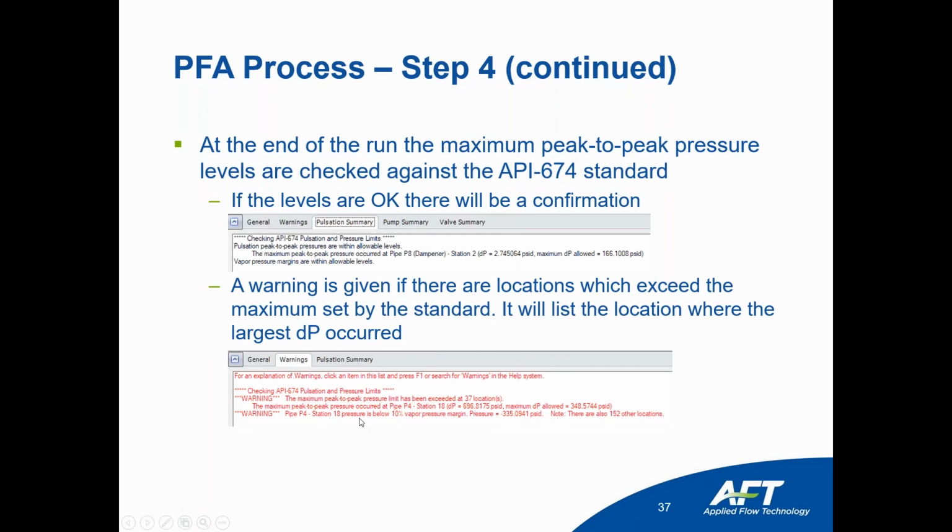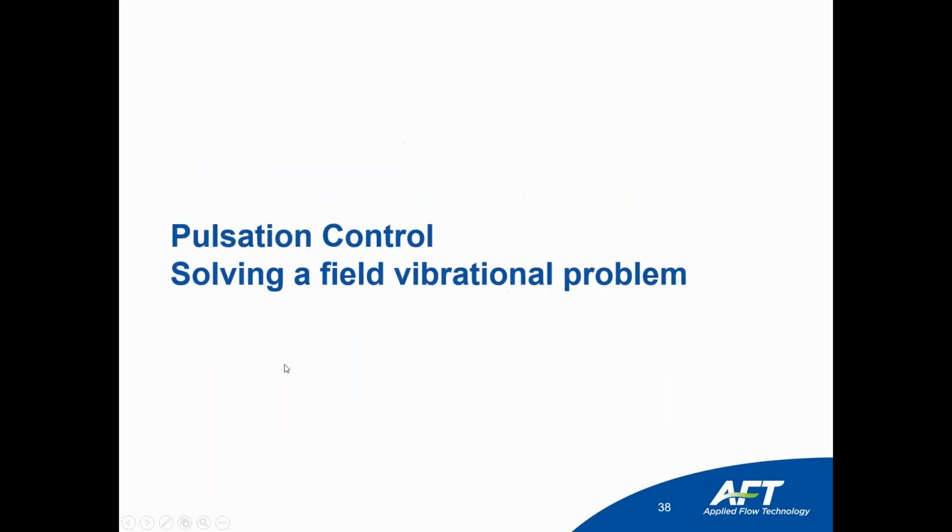We ran the model and we checked the excitation frequency, and this is basically what we did. At the end of the run, as we saw, the maximum peak-to-peak pressure levels are checked against the API 674 standard. If the levels are okay, you will receive an okay confirmation.